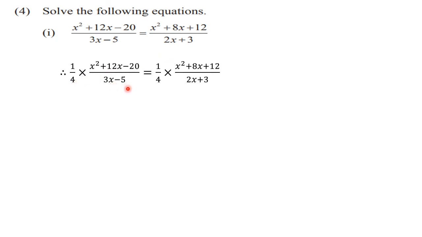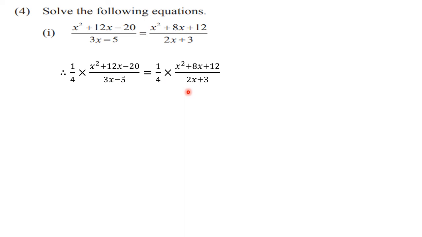Okay, why by 1 upon 4? I made you understand just now. 3x into 4 is 12x and 5 into 4 is 20. Similarly, here also the same multiple we can find out, and as you know, we have to multiply by the same number on both the sides of equations. So we are multiplying by 1 upon 4 on both the sides.